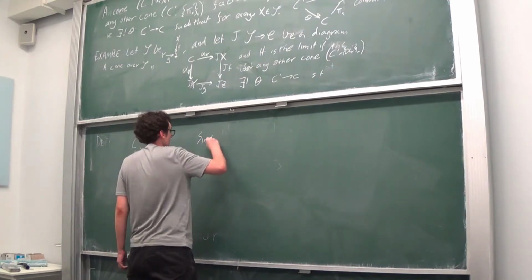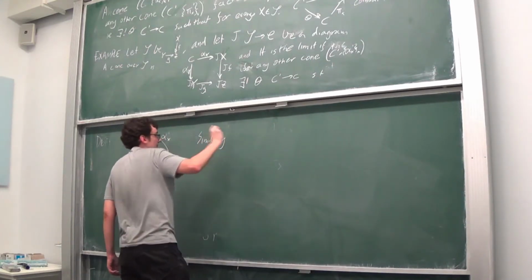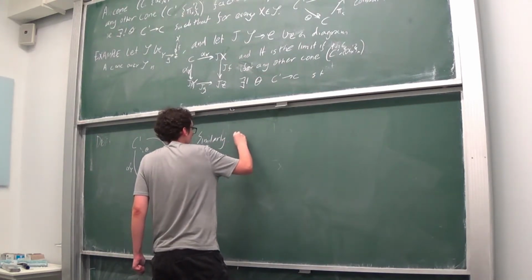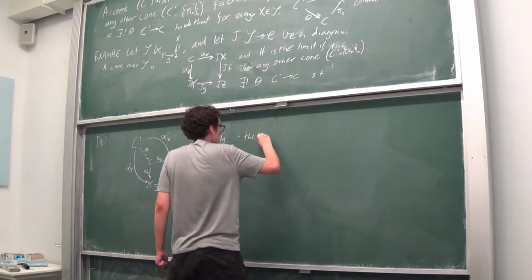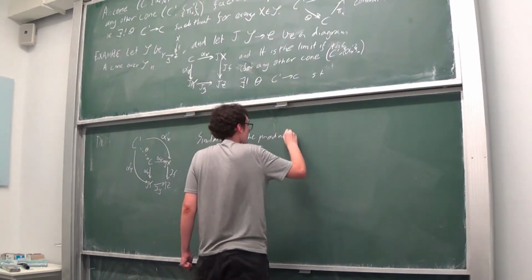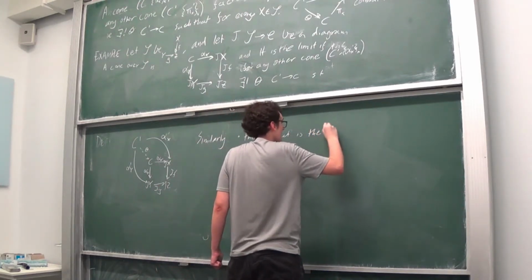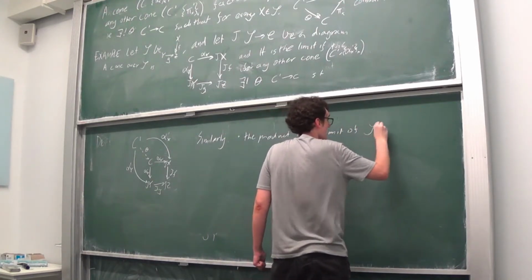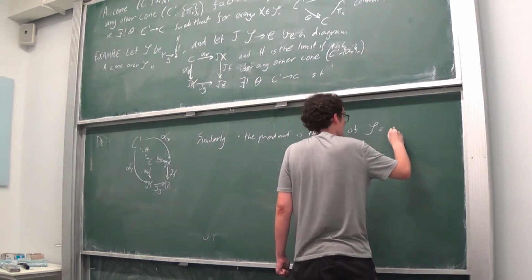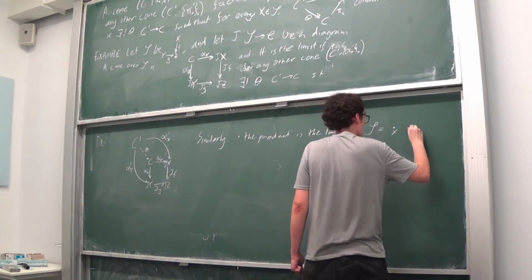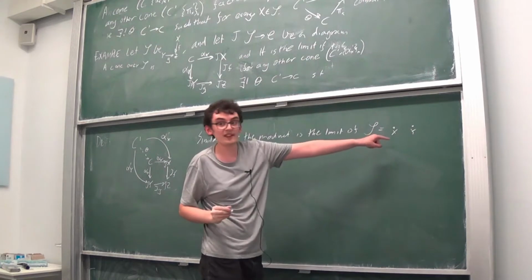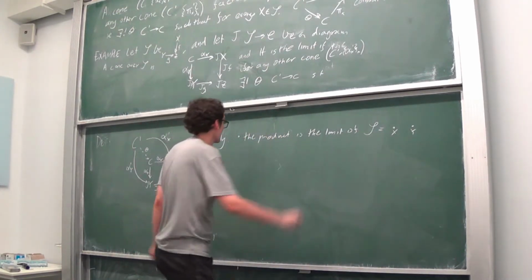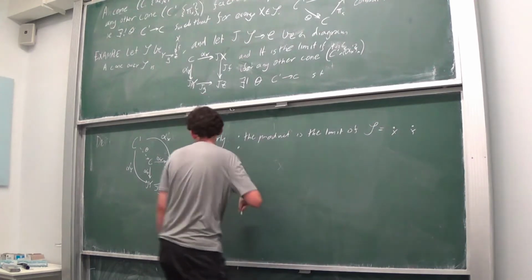Similarly, the product is the limit of the diagram that has two objects, x and y, and no non-identity morphisms between them.